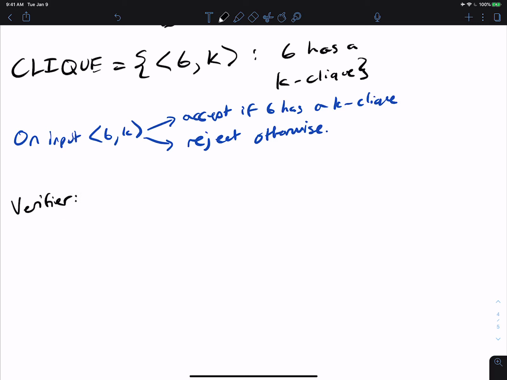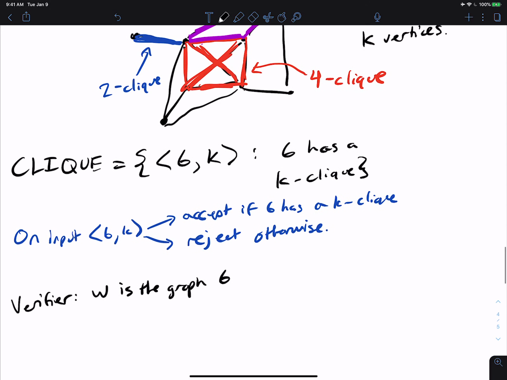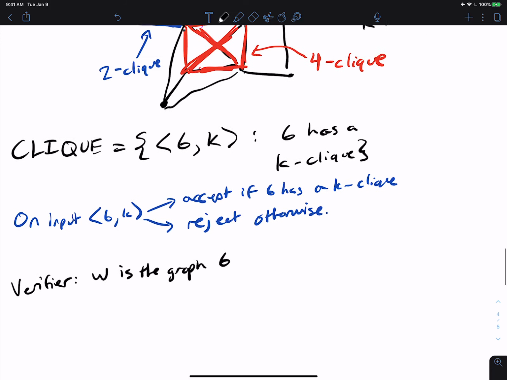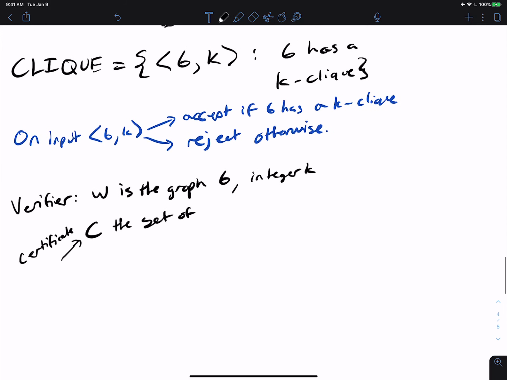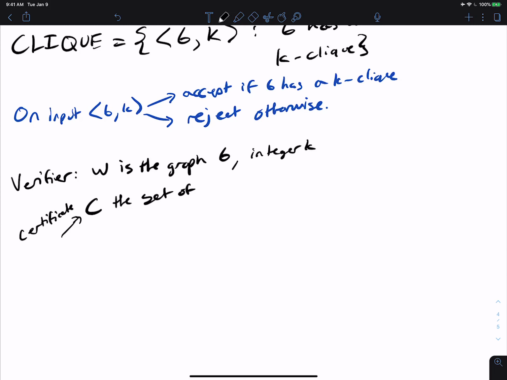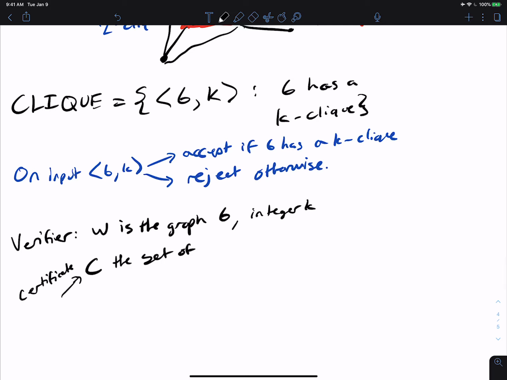So the input W is the graph G, and the certificate string, remember C is the certificate. So C here is going to be the set of, actually, graph G and integer K, because with every graph there has to be an associated integer K. So what would be the proof that the graph G has a K clique?